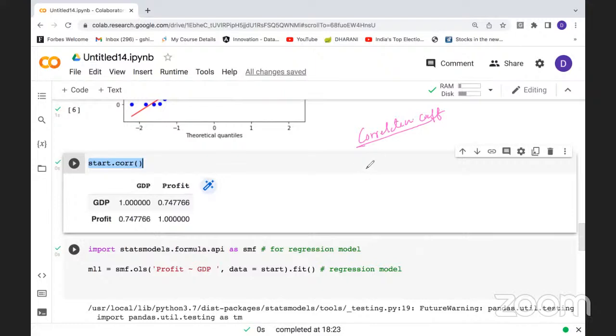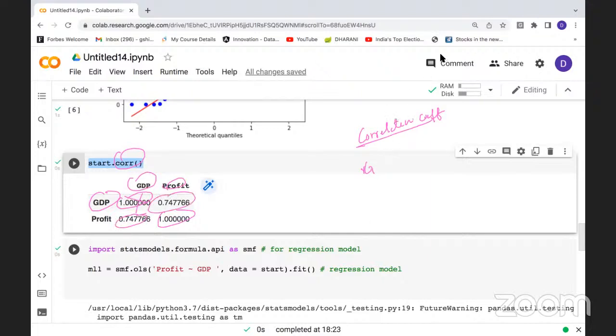See what I have done, I have just taken this. If you see, GDP to GDP is 1. Profit to profit is 1. So this is what my number is.